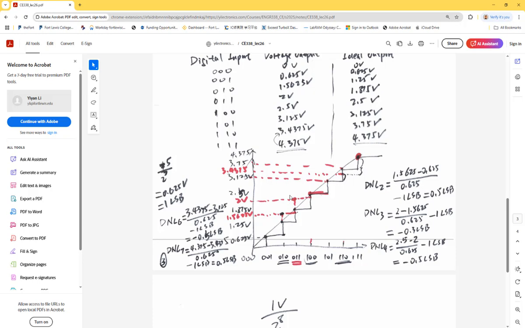All right, and you want to divide it by 1 LSB and minus 1 LSB to get the DNL at this point. So it's 2 minus 1.5625 divided by 0.625 and minus 1 LSB, which is negative 0.3 LSB. So just keep calculating for the rest of the points, so you can get DNL 4, 6, and 7.